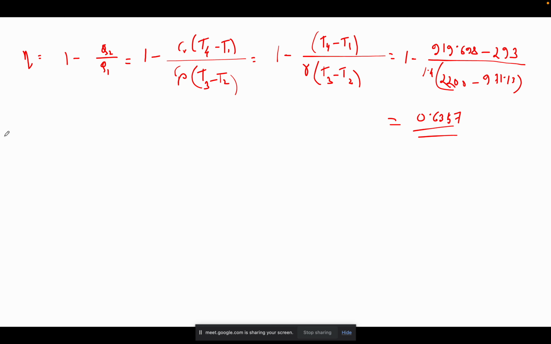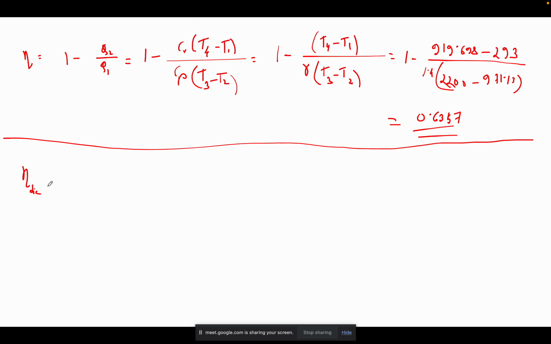Now there is one more alternate way to calculate the efficiency of a diesel cycle. If time permits today I will do the derivation, but because I also have to do the questions related to properties of gaseous mixture, you just write the formula.